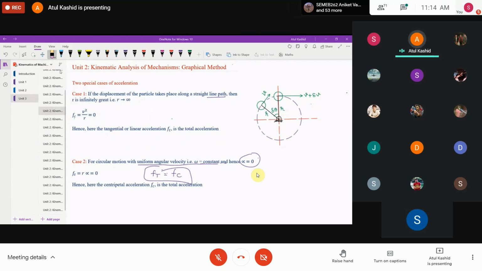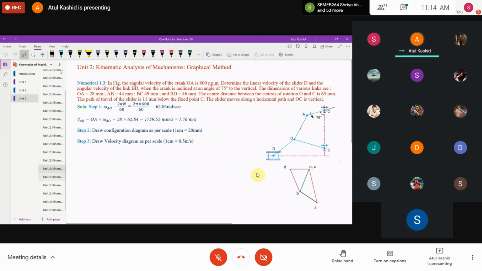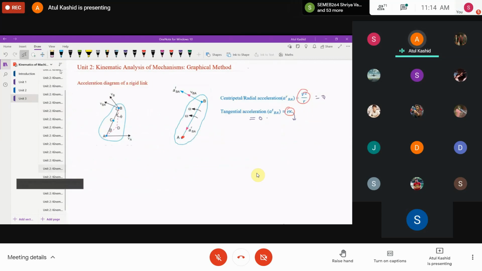So two acceleration components, tangential and centripetal. And one more thing, it is related to the direction, right? We had already discussed that the centripetal acceleration, if I consider any link AB over here, if I want to denote the centripetal acceleration for this link, it will be along the link.